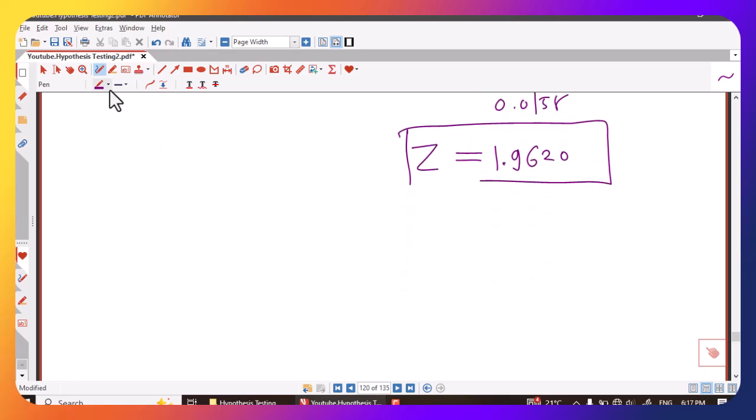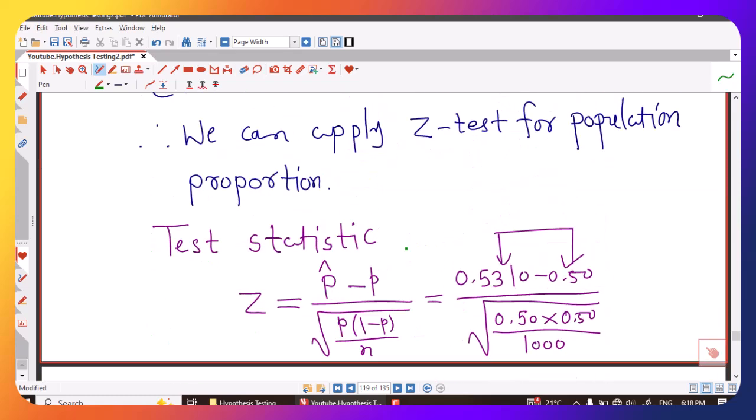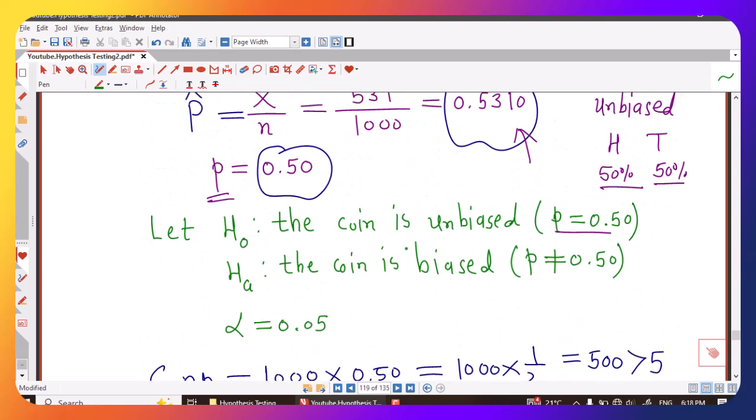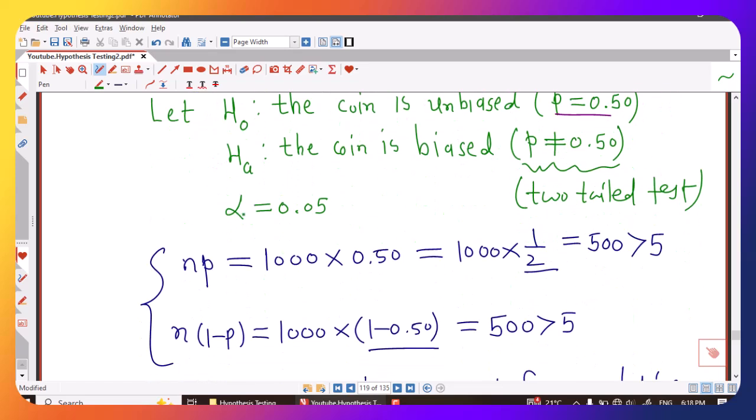Once we calculate the value of the test statistic, the next step is to determine the rejection region, or find the critical Z value. We observe that our alternative hypothesis is two-sided, therefore we have a two-tailed hypothesis test, and whenever we have a two-tailed test, we consider half of the level of significance.